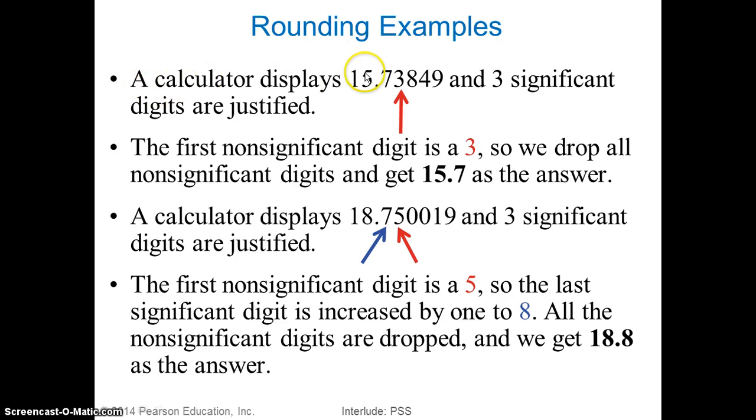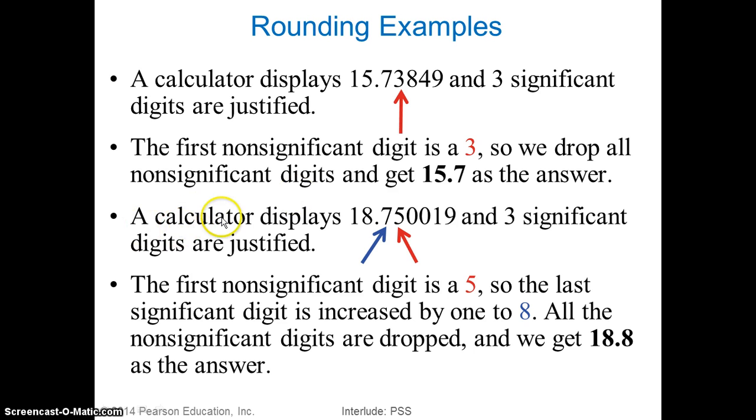Okay, so now let's take an example. If your calculator displays 15.73849 and we are going to round to 3 significant digits, we have 1, 5 and 7 as the 3 significant digits. After that the first non-significant digit is 3. 3 is less than 5, so we drop all non-significant digits, and we round to 15.7 as the answer.